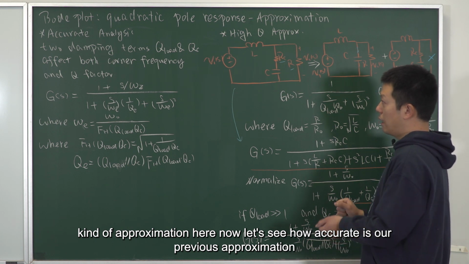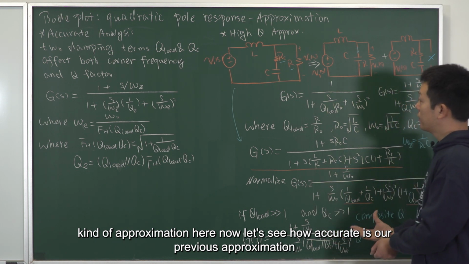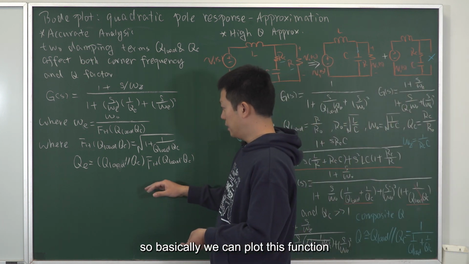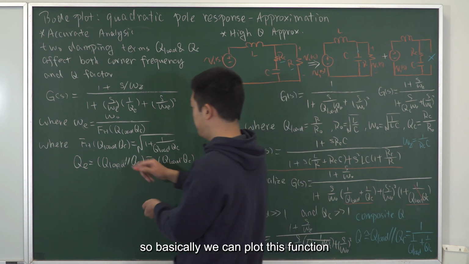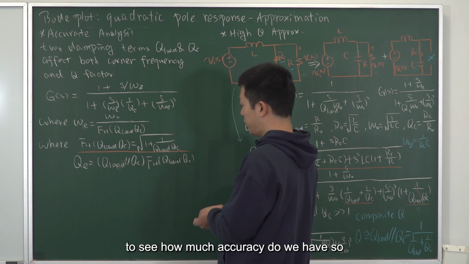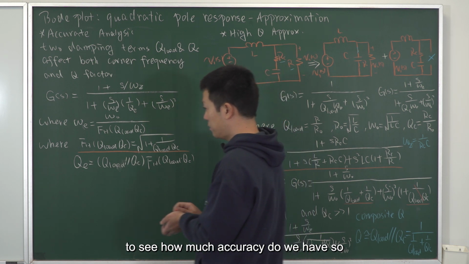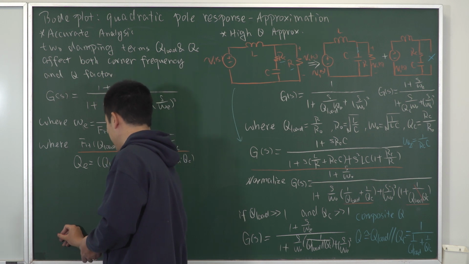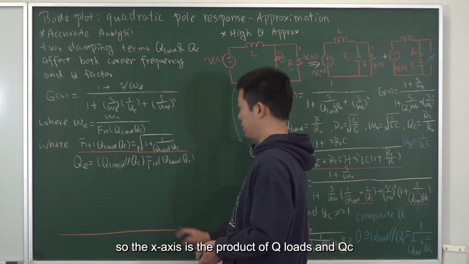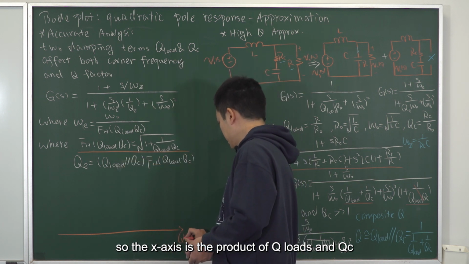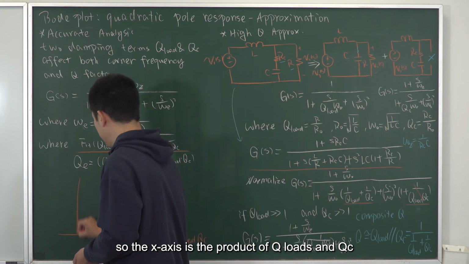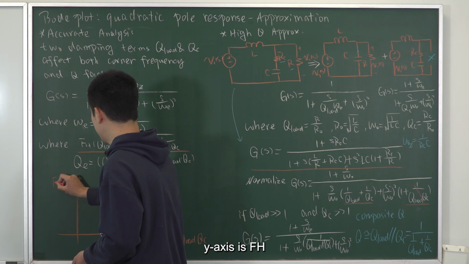Now let's see how accurate our previous approximation is. We can plot this function to see how much accuracy we have. The x-axis is the product of Q load and QC. The y-axis is FH.